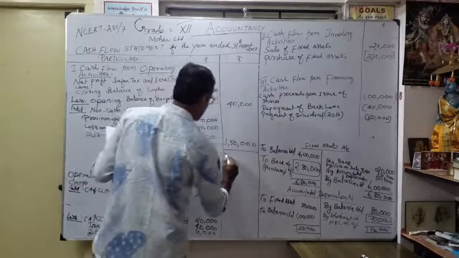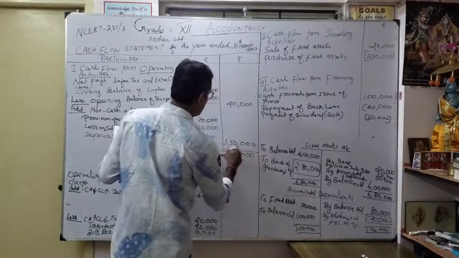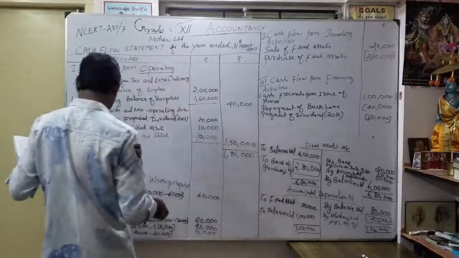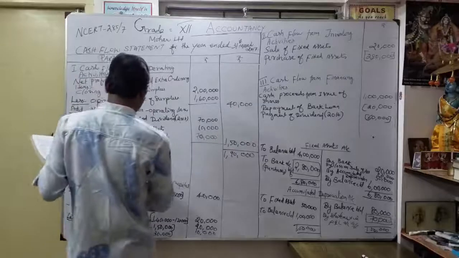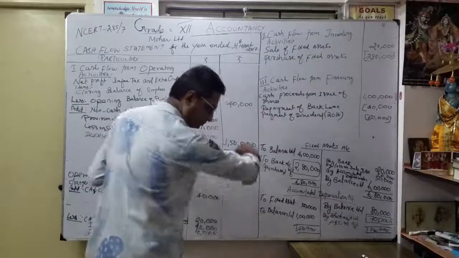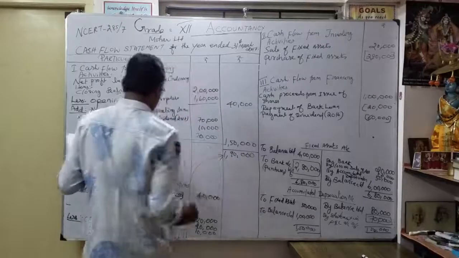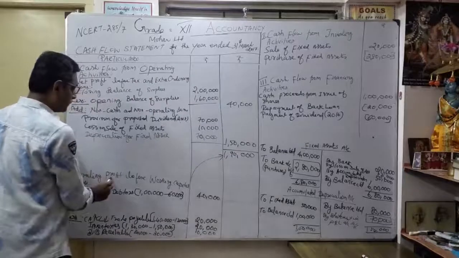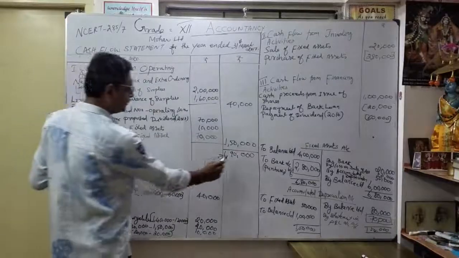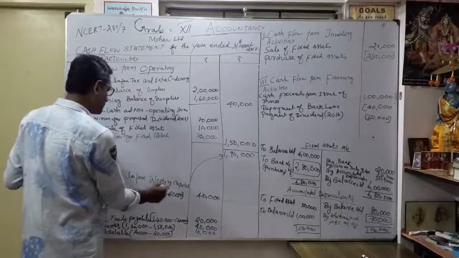How much? 1,50,000 plus 40,000, 1,90,000. That's your operating profit before working capital changes. Anyway, I'm going to write it here: operating profit before working capital changes, 1,90,000.